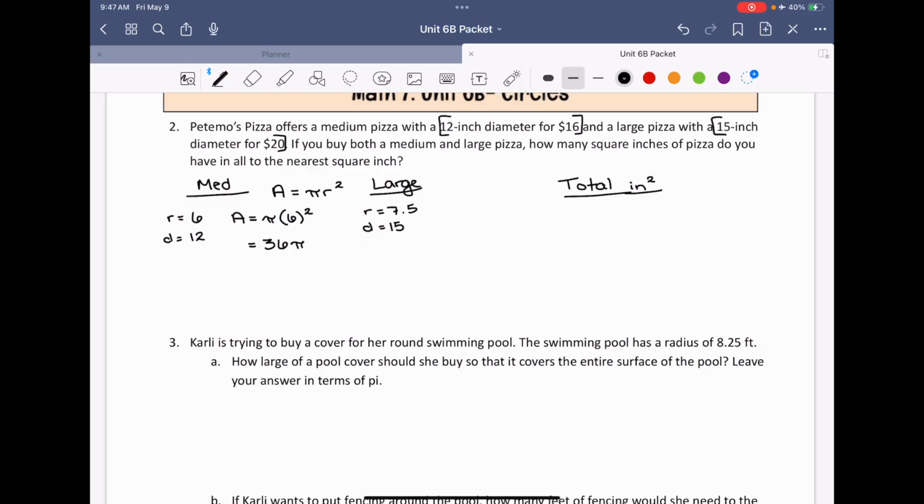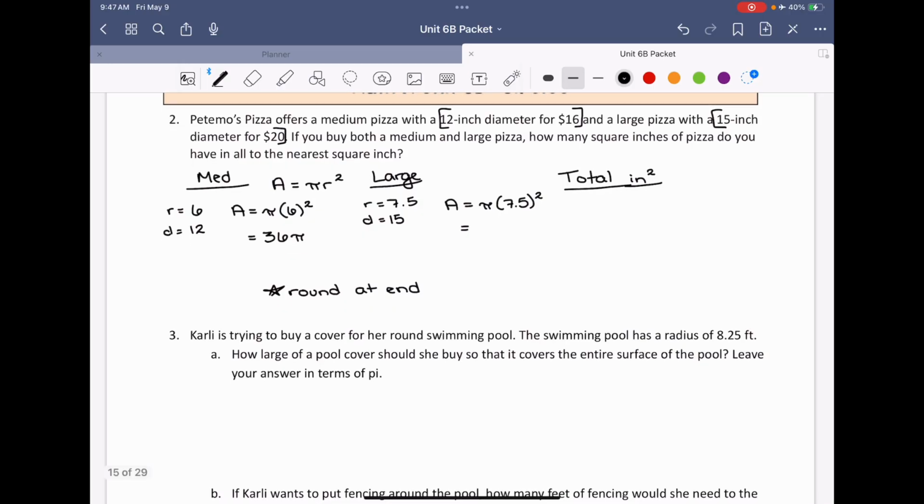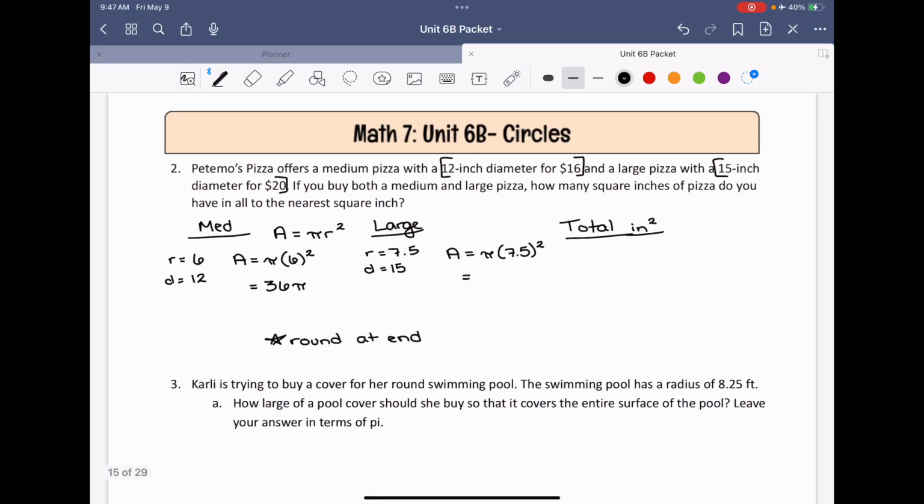Now, because I have multiple steps to this problem, we are going to always round at the end. So please put a note here that we are going to round at the end after we've done all of our steps. So I'm going to leave that as in terms of pi, so 36 pi. Area equals pi times 7.5 squared. So 56.25 pi.